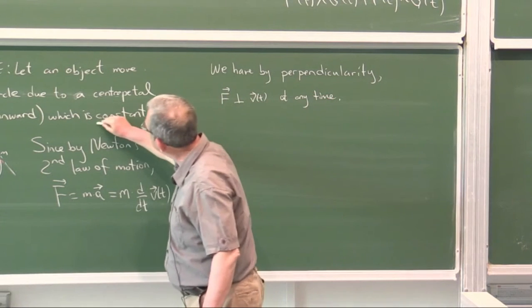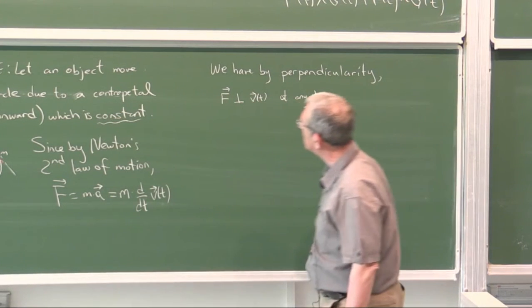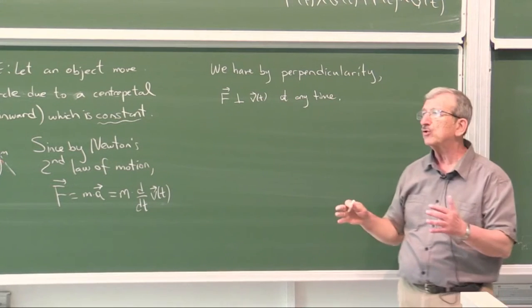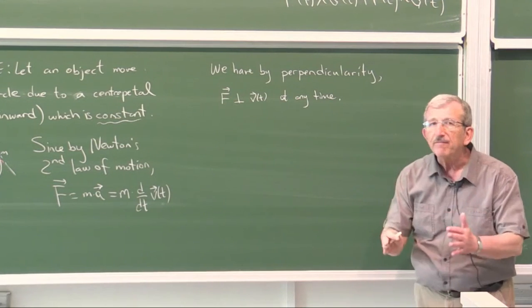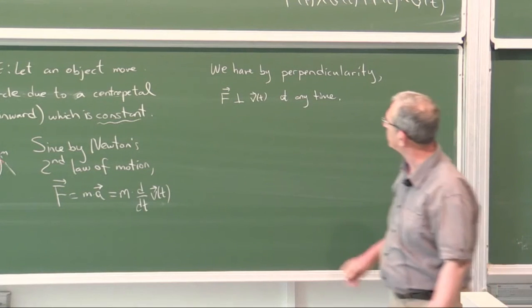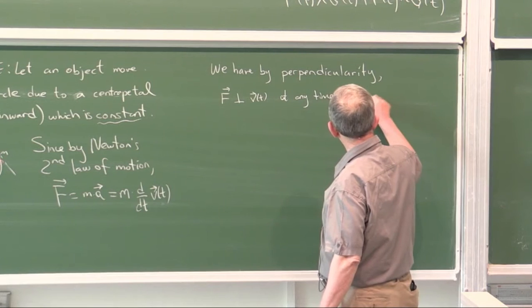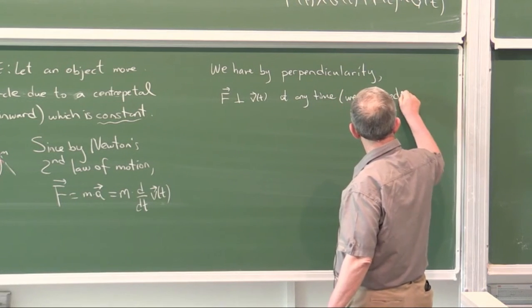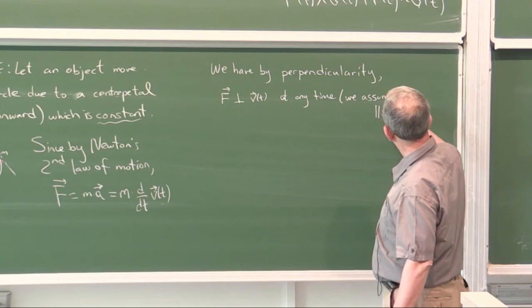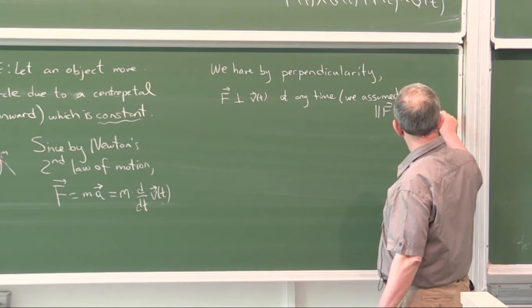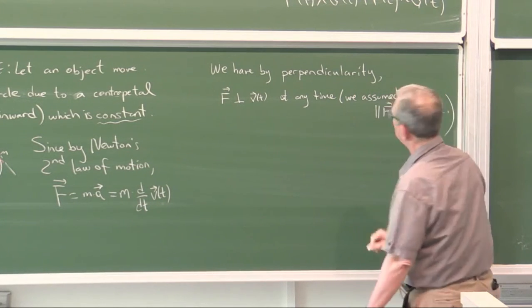Well, we assumed the force is constant, so this means, of course, that the length of the vector is constant. We assumed, let me emphasize, that norm F is F, it's constant.